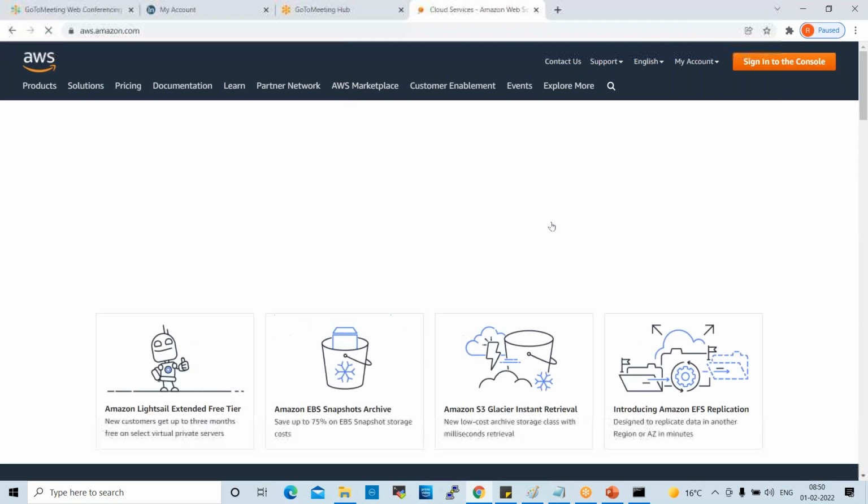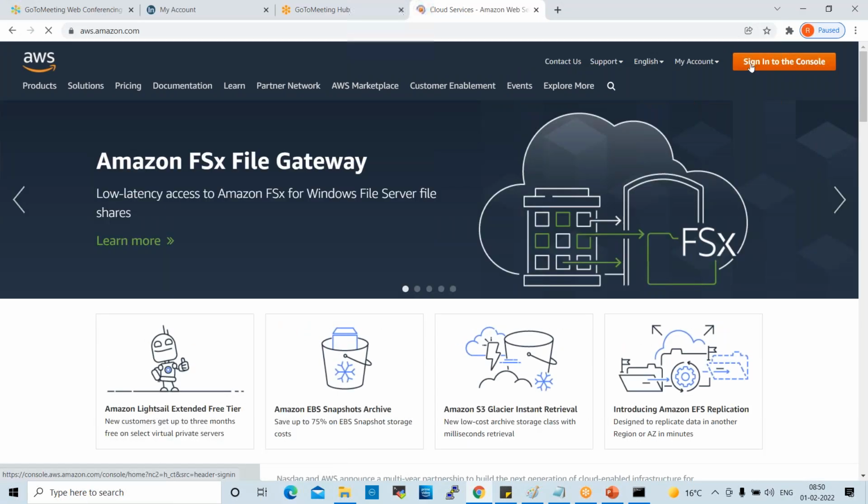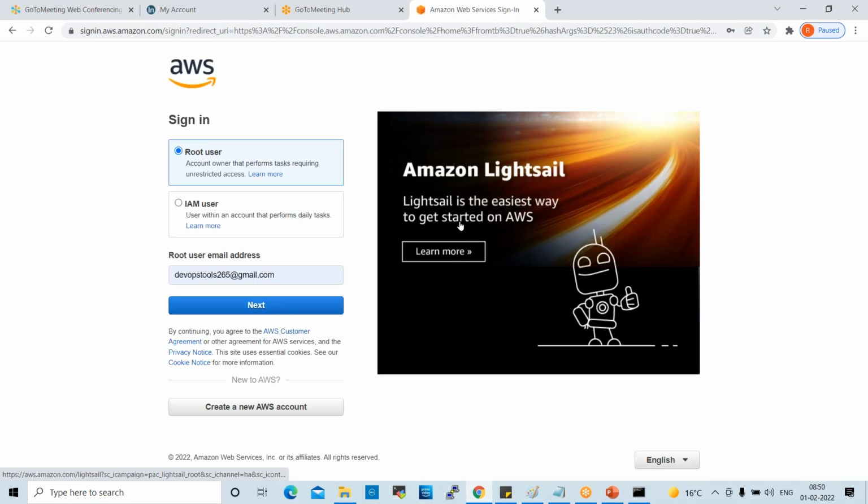Enter this. I already saved my credentials, so I just want to sign out here. Fine. When I go to aws.amazon.com, after that click on sign in, right? After that it shows, see here, root user and IAM user.